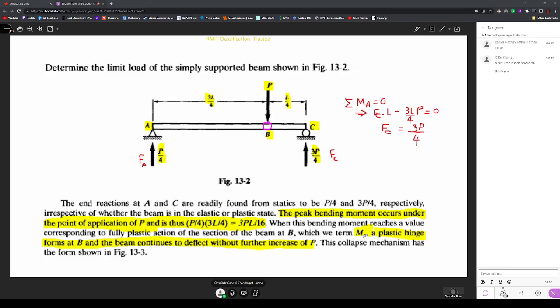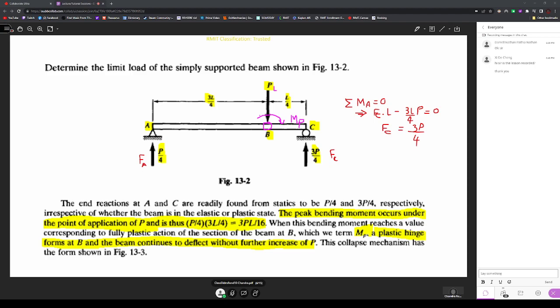Only at point B does the plastic state occur. Now the moment acting at this point, we call it the plastic moment. When the load is maximum, we call it the plastic load.